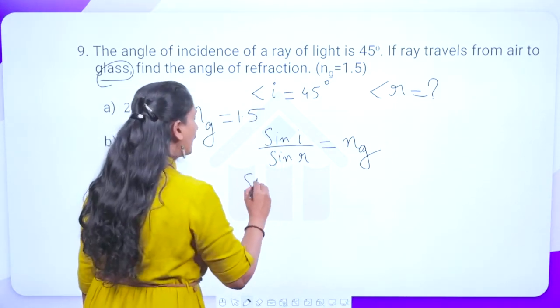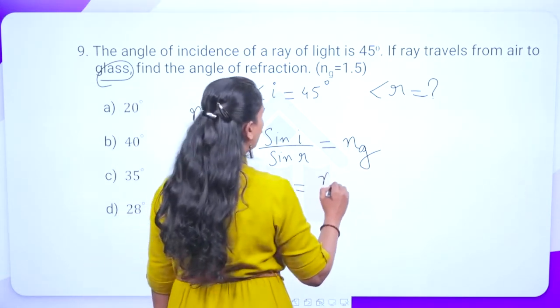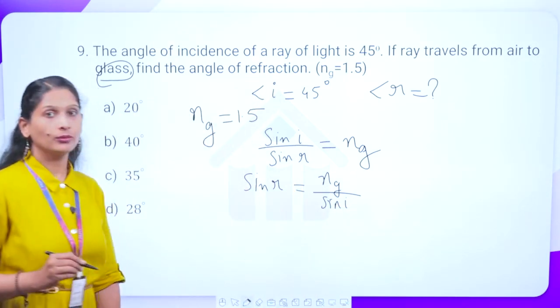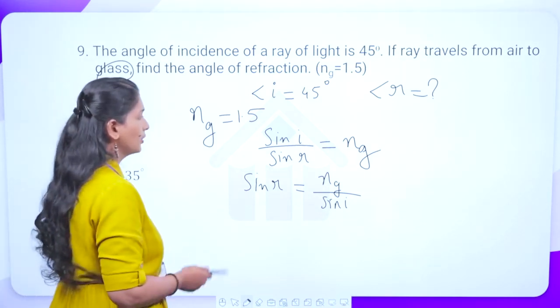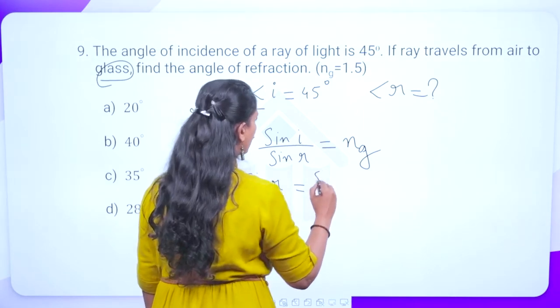So if you want sine R, let's take sine R first. It will be equal to what? It will be Ng by sine I. I think the board is clear now. Fine. You have already been given the value of Ng. Oh sorry, I have written it the reciprocal way, I guess. It should be sine I by Ng.